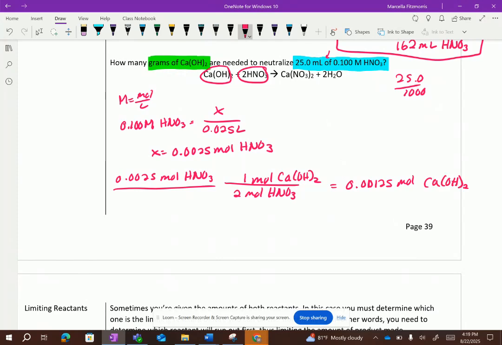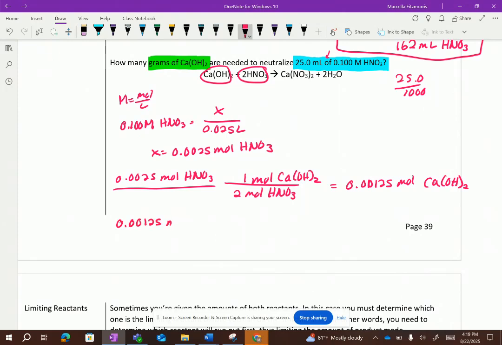Now that I know how many moles of calcium hydroxide I need, I can go further. In fact, you know what? I'm going to back this up because I just realized I could have done this. You don't have to erase. Actually, I'm going to show you the way I've written it so that you don't have to erase, and then I'll go back and show you what I could have done.